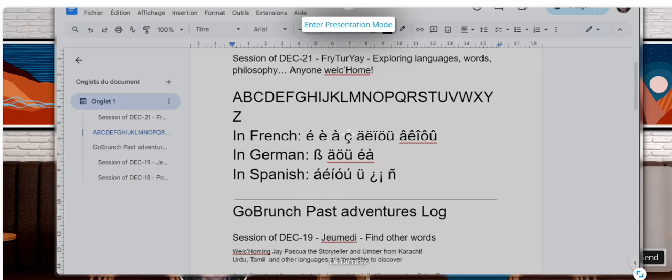And the O and the E is quite sometimes used, like cœur, C-O-E-U-R, or sœur, S-O-E-U-R. Sometimes you see the O and the E together as one letter, and sometimes you see the O and the E separated as two letters. So both are accepted.